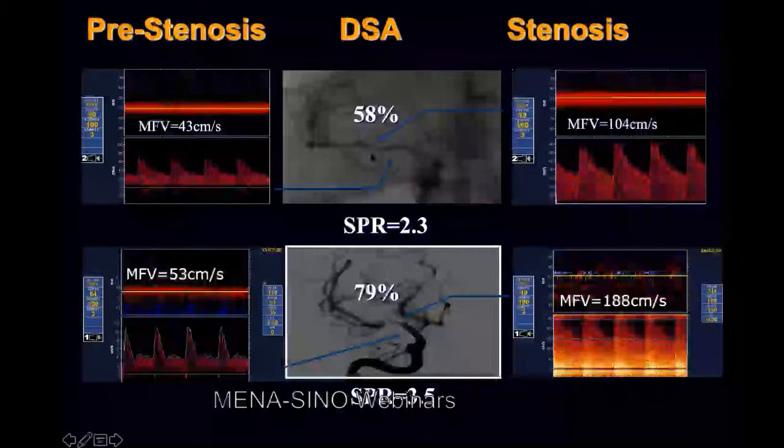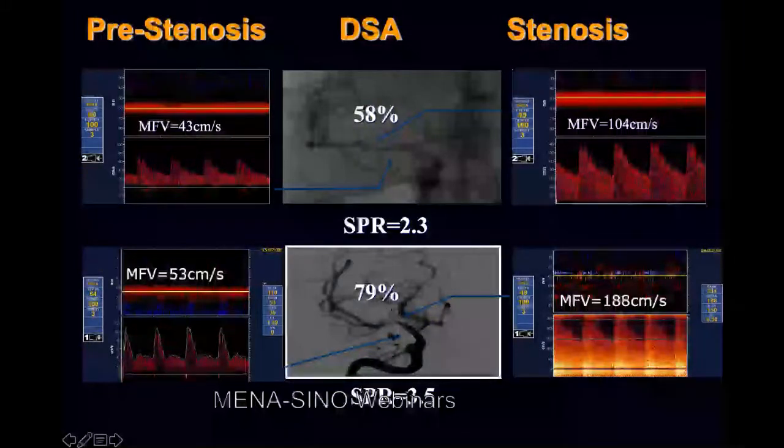This is a moderate MCA stenosis. This is a severe MCA stenosis. Again, the velocity at the stenotic site is 188, before the stenosis 53, the ratio 3.5. This is consistent with more than 70% stenosis. So this is our developed criteria on TCD for intracranial stenosis.